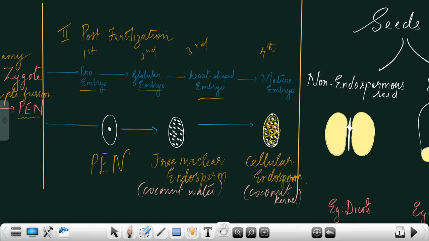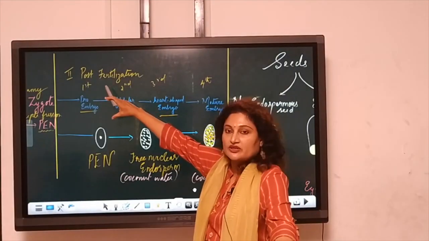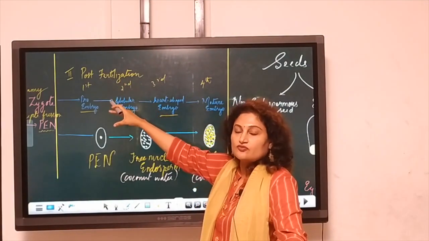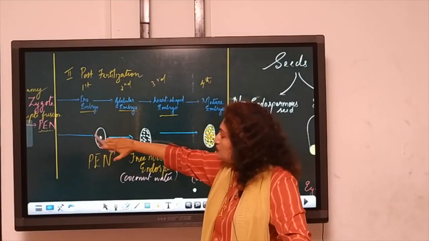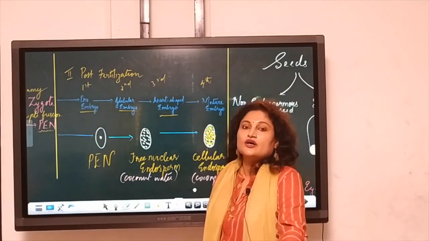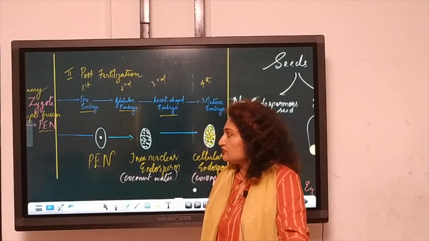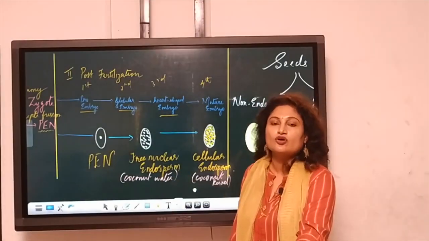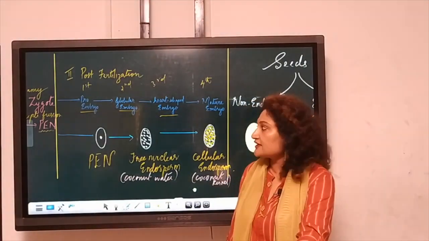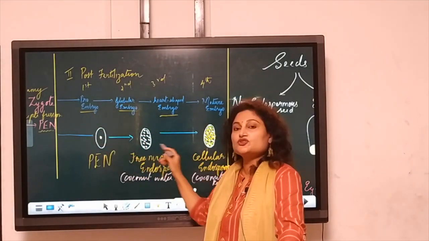Now the question I'm throwing across to you is whether these two processes occur simultaneously. The first option is that embryogenesis and endosperm development occur simultaneously. The second option is that embryogenesis takes place first, followed by endosperm formation.